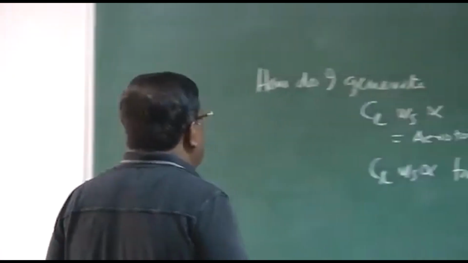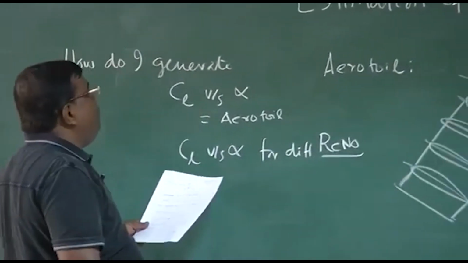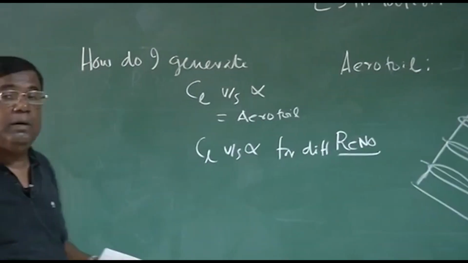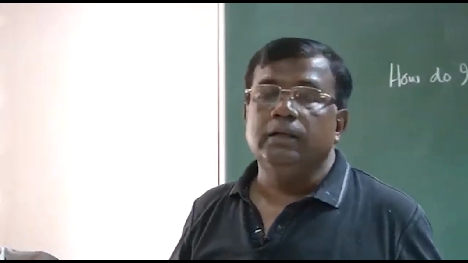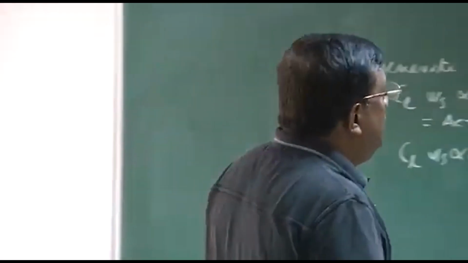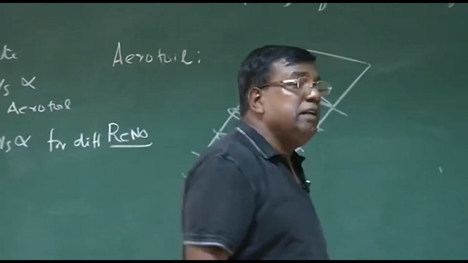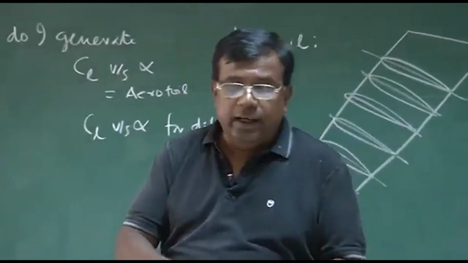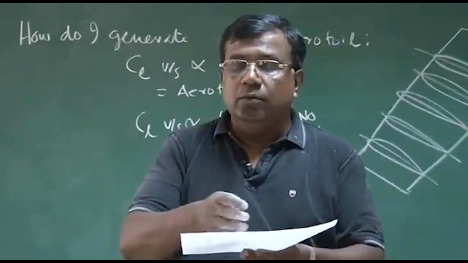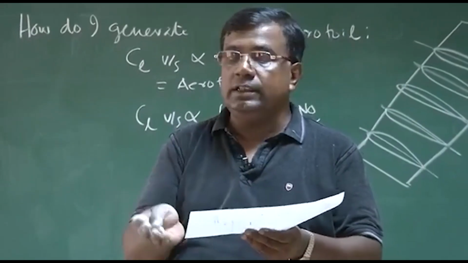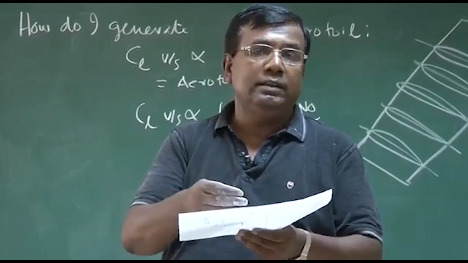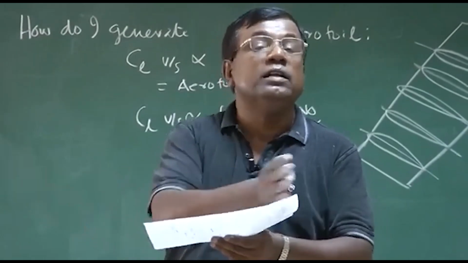So if you now ask me a second question, how do I generate it experimentally? Because aerofoil shapes are of infinite span, as I tried to explain. But remember, why do we say infinite span? We say infinite span because we do not want any flow to go like this or any flow to come like this. That is why we model it as infinite.